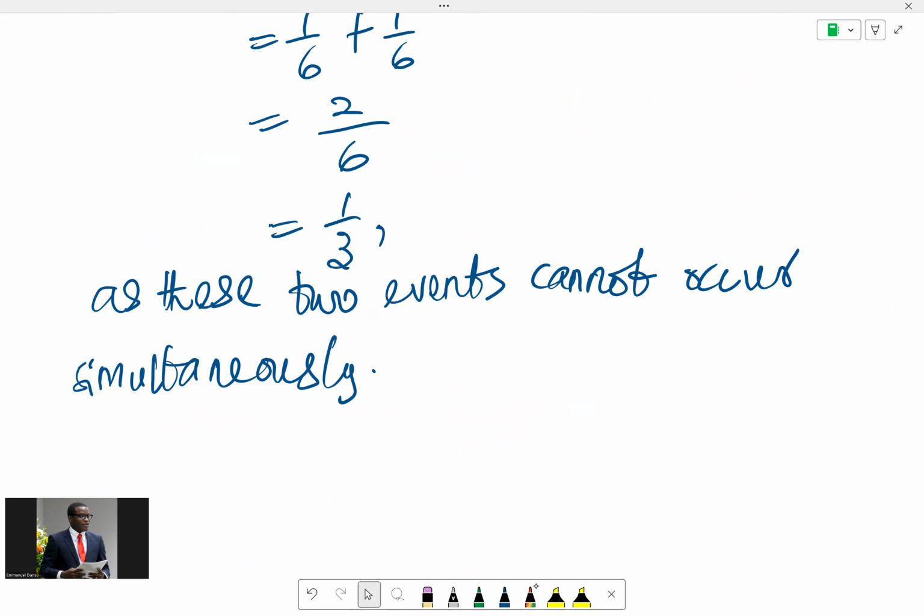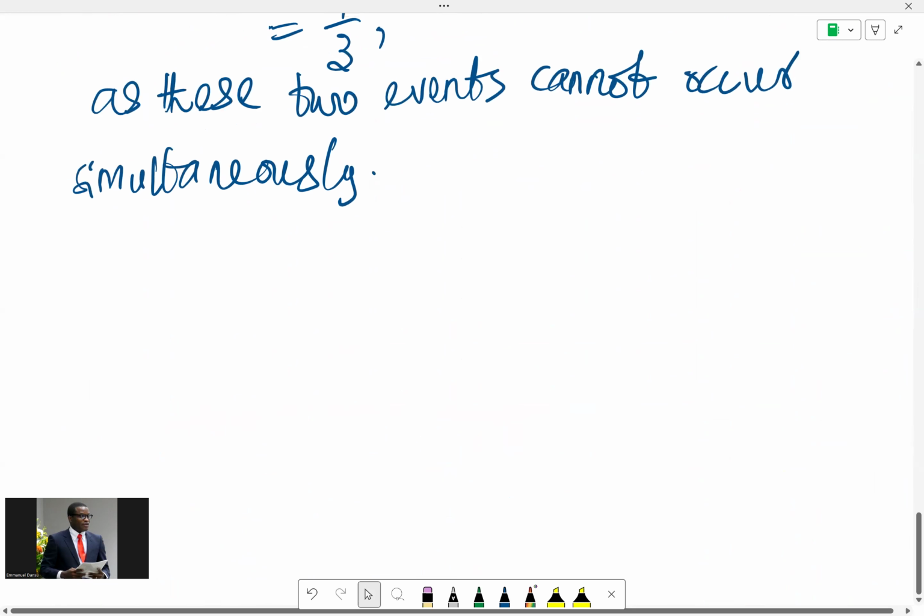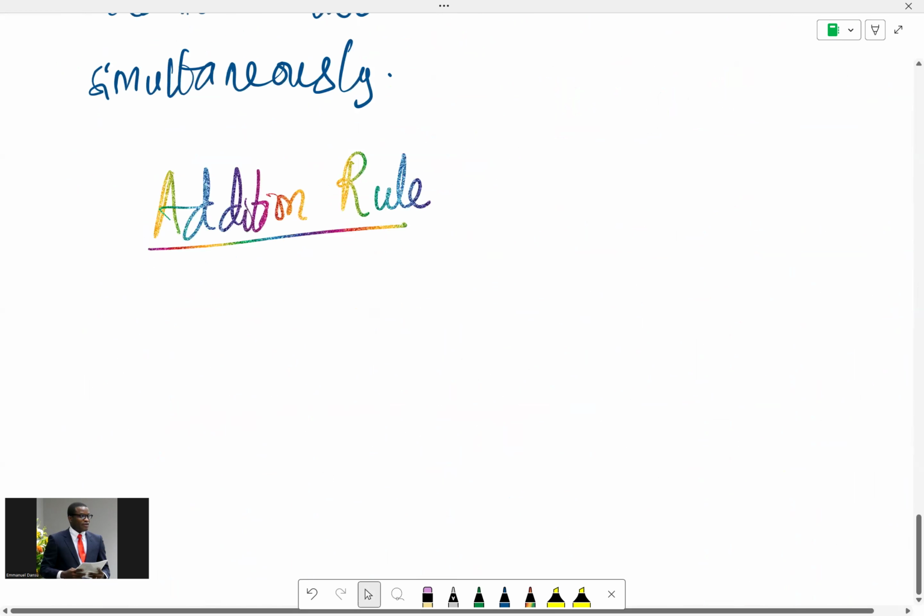Okay, so let's go to addition rule. There's something like addition rule, since we're talking about probability rules. So we've talked about the axioms. So let's talk about the addition rule.